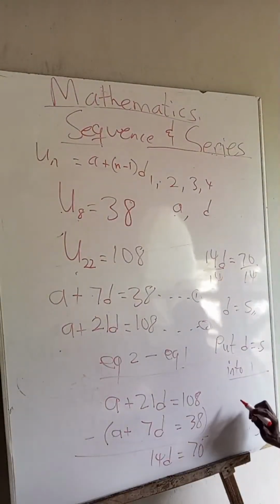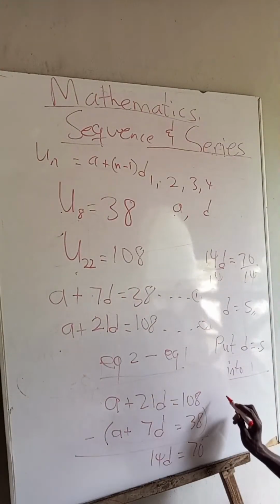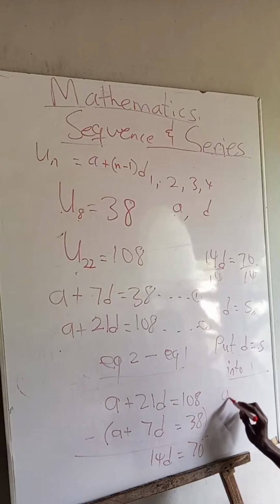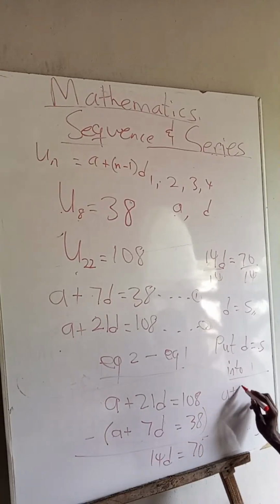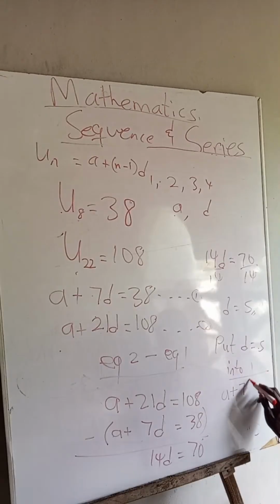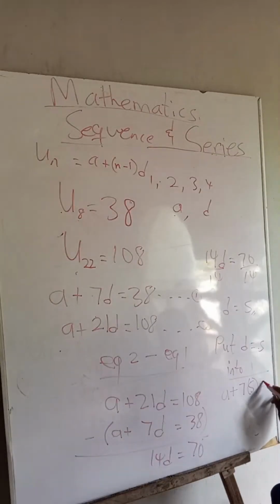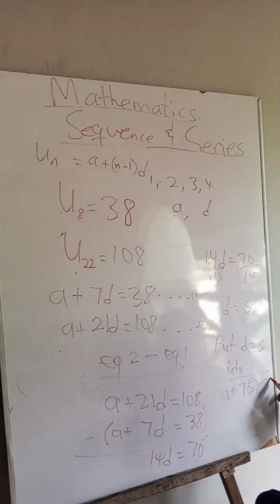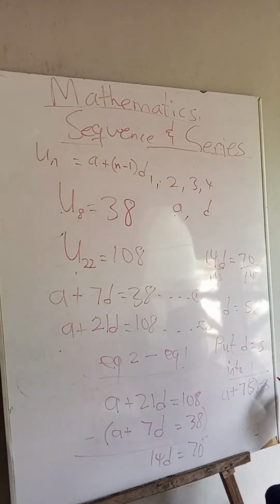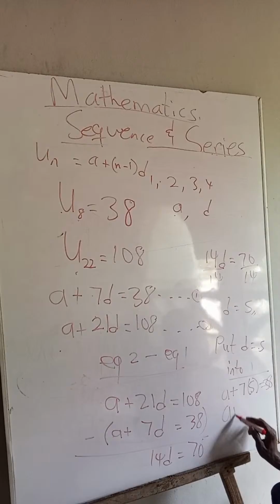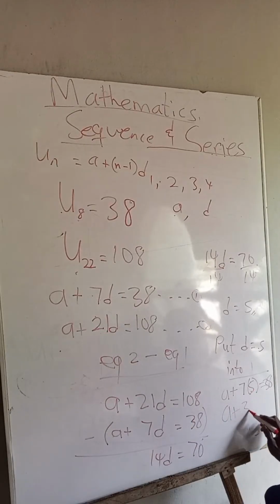Then after that, what you do is that we just substitute it into it. We have A plus 7D, D is 5 here, so times 5 equals 38. So after that, you'll be having A plus 7 times 5, which is 35, equals 38.